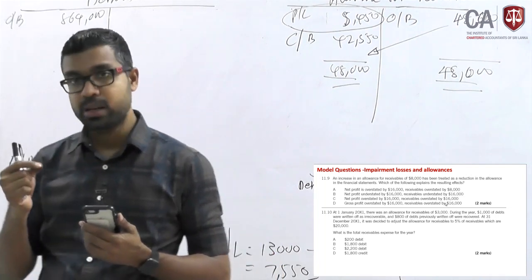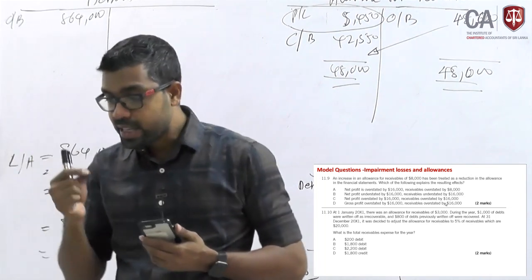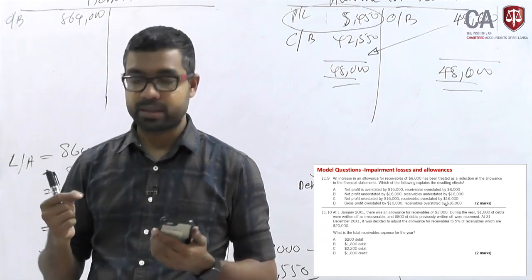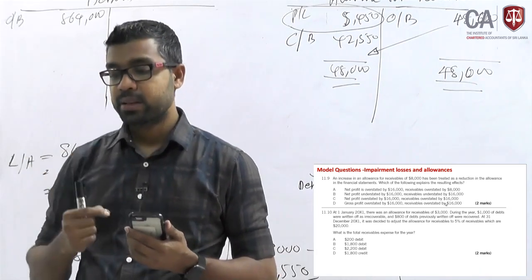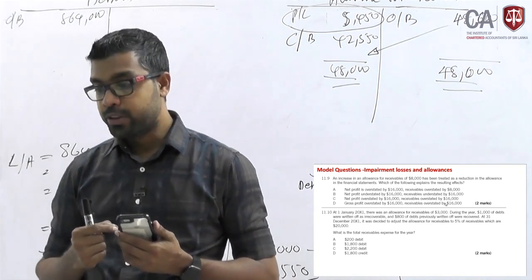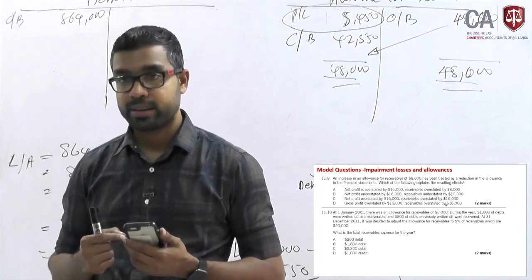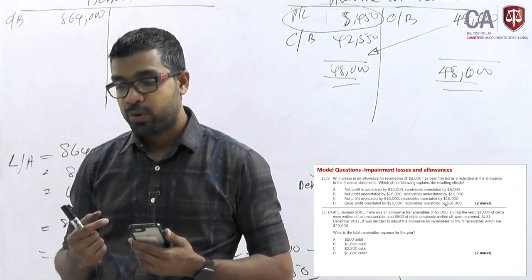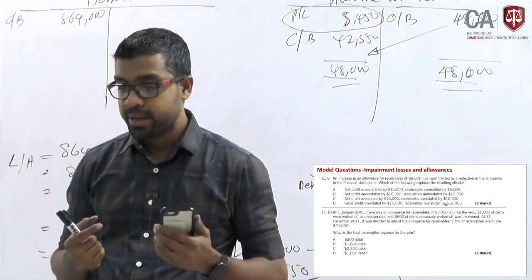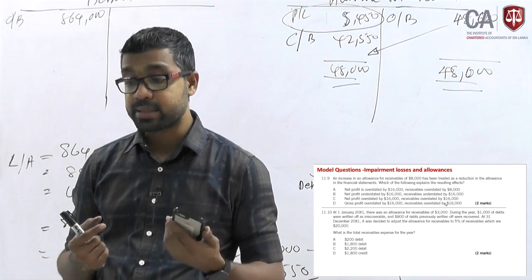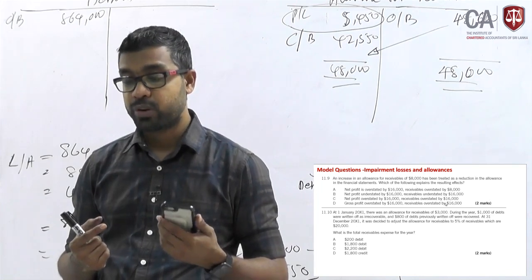Error correction. Which of the following explains the result? The effect has been doubled. Why is it doubled? The allowance for receivable increase has been treated as a reduction.